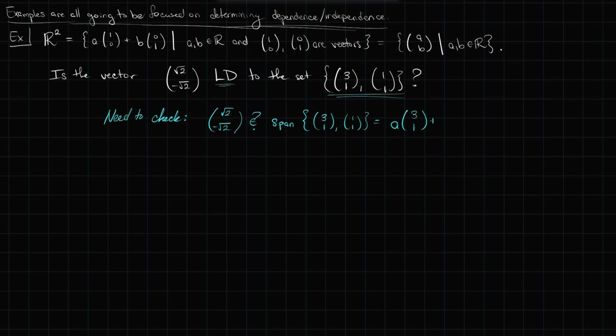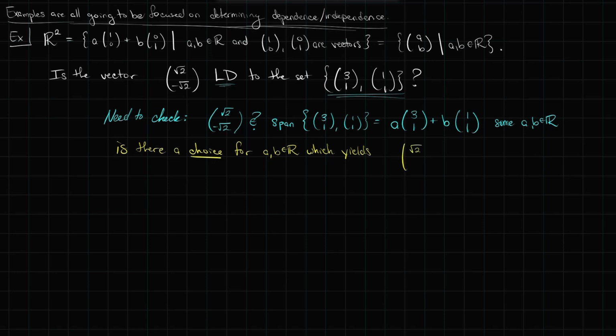So a(3,1) plus b(1,1), with a, b in R. So we basically just ask, is there a choice for a and b in R which yields (root 2, negative root 2) equals a(3,1) plus b(1,1)? That's the question we have to answer yes or no to. If we can answer yes, then we gain linear dependence. If we answer no, we gain linear independence.